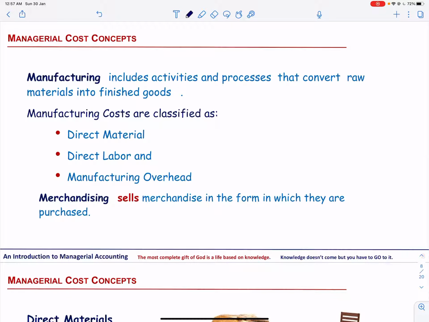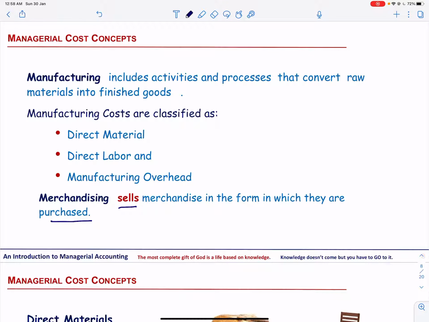Manufacturing includes activities and processes that convert raw materials into finished goods. Manufacturing costs are classified as direct material, direct labor, and manufacturing overhead. Merchandising sells merchandise in the form in which they are purchased.